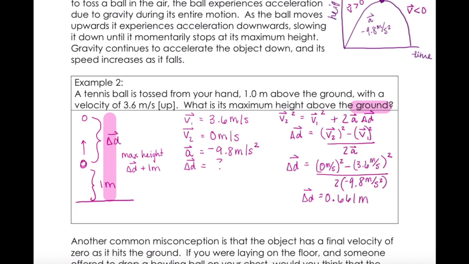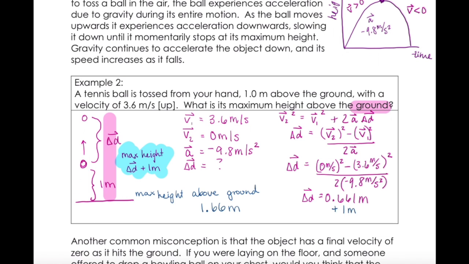Okay, but that's not our final answer because remember we're trying to find maximum height. So our maximum height, we're going to add 1 meter to this. So our max height above ground is 1.66 meters.